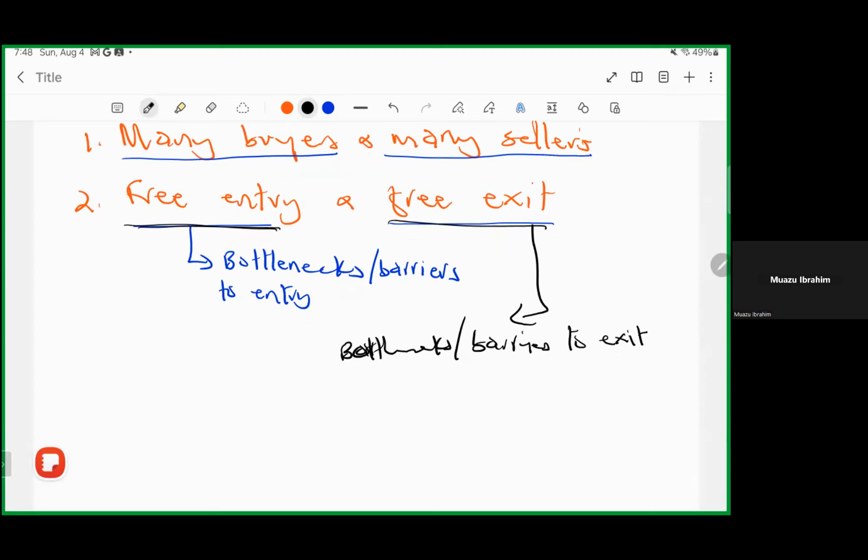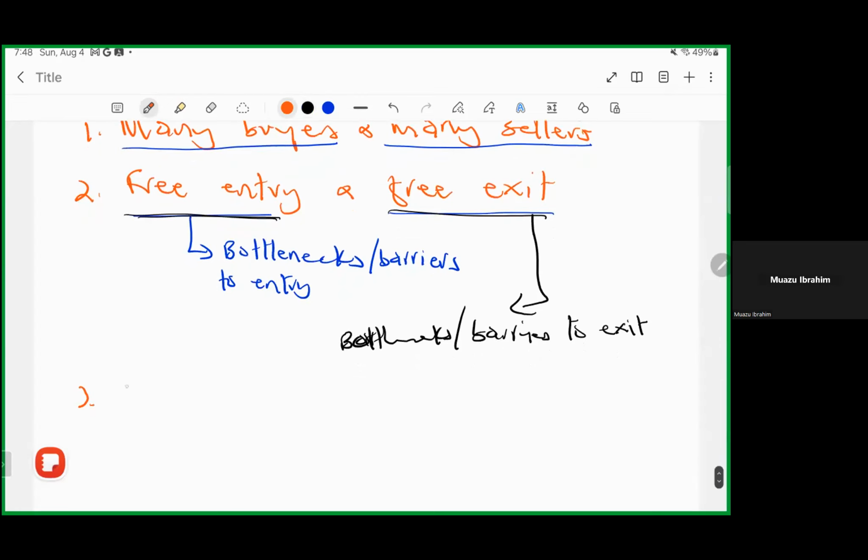Exit. Now, the third one that I also want us to look at is a situation where firms, by assumption, incur no transport costs or advertisement costs.